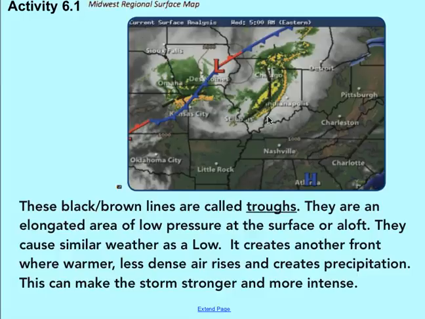So it's similar to a warm front because you have the warm front right here, but you have a cold front here. And typically with low, that's where you're going to have your warmer weather. But meteorologists say it's very similar to a low pressure, not necessarily a warm front. Now this can actually make the storm stronger and more intense.